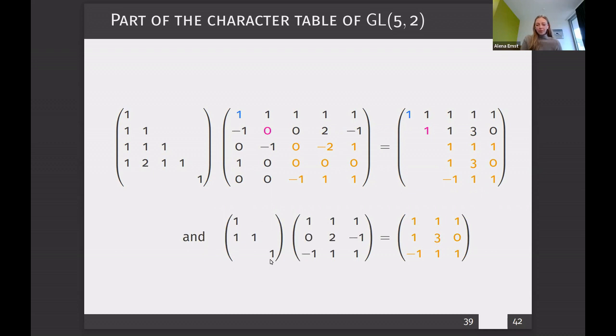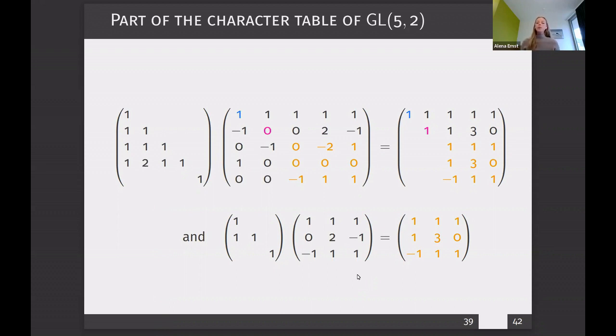One is similar to the one up here, but this matrix here is in fact the complete character table of 2 times 2 matrices over F2. And for a complete character table, it is known that it is an invertible matrix. That comes from the representation theory.